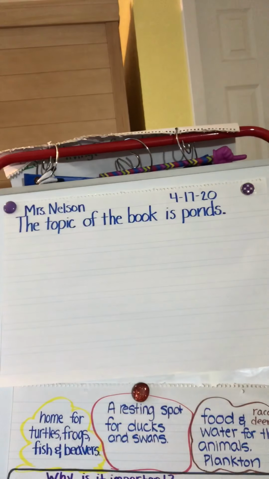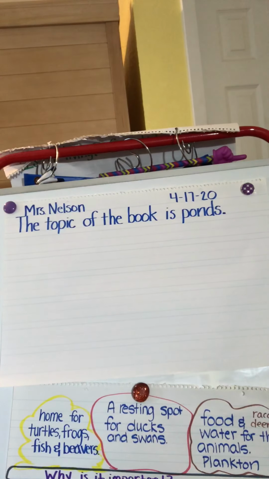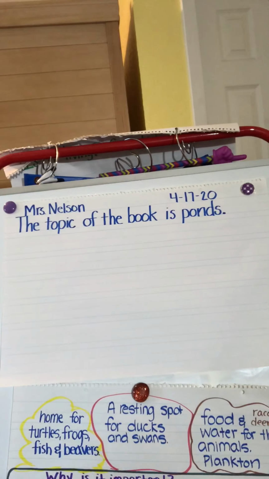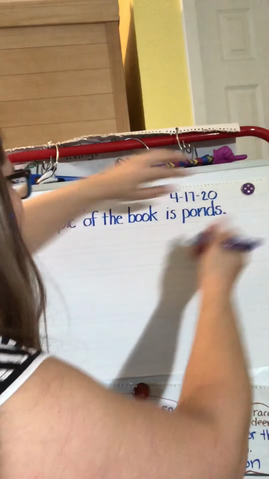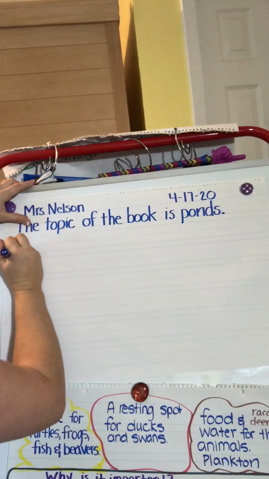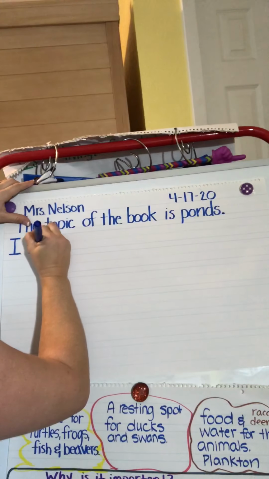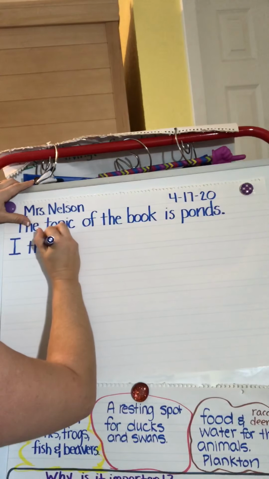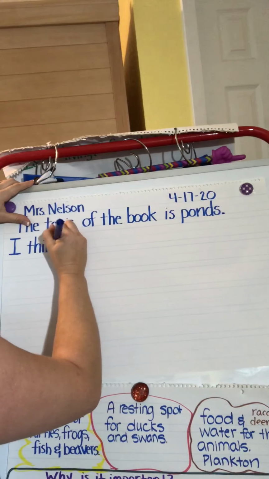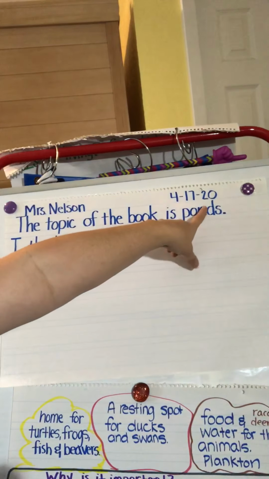All right, then when you go back and look at your graphic organizer, what was the next part of your bowl? Explaining why it's important, okay? So I'm going to write, I think, and what was it? Our topic, ponds.